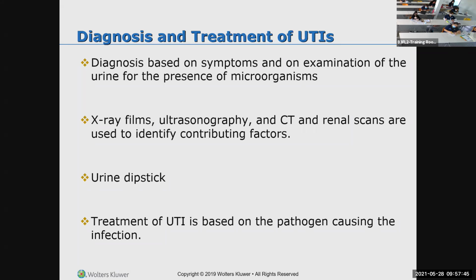Number two, ultrasonography, CT scan, used to identify contributing factors. Urine dipstick tests are there, very handy. Put the dipstick in the urine, it changes for nitrite. And the treatment of UTI is based on the causative organism. According to that causative organism, we do have antibiotic.